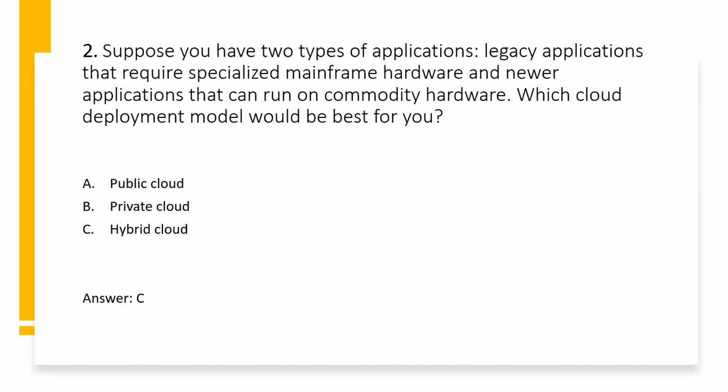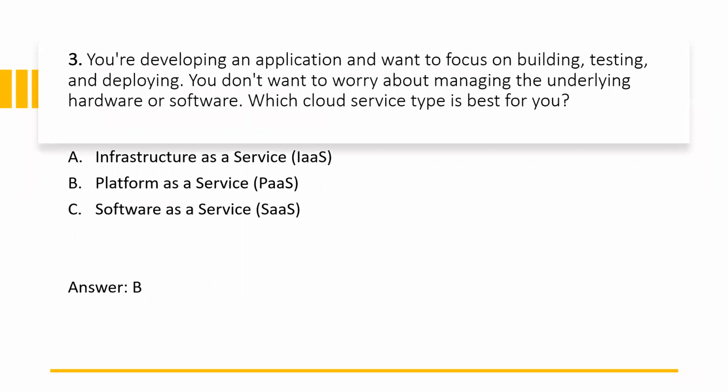Let's go to question 3. You are developing an application and want to focus on building, testing, and deploying. You don't want to worry about managing the underlying hardware or software. Which cloud service type is best for you? Let's check the answers. A, infrastructure as a service, IaaS.